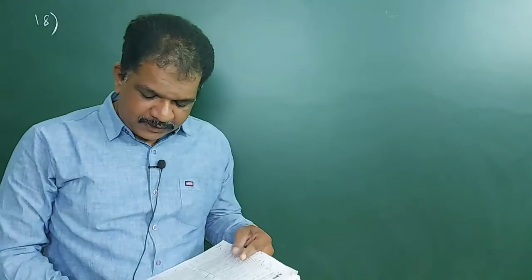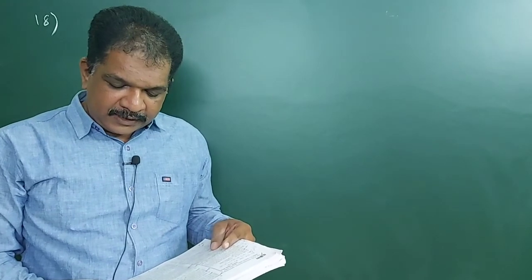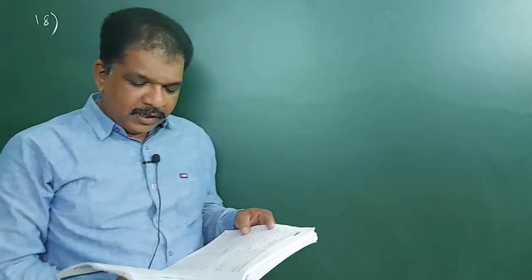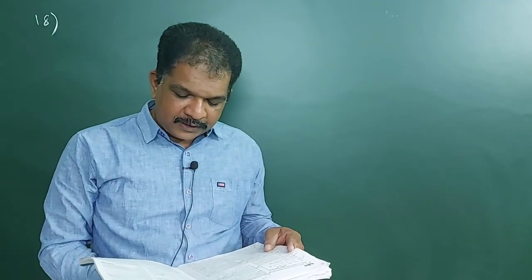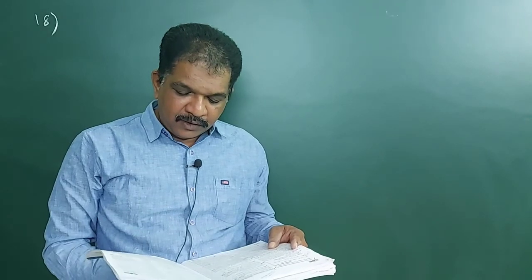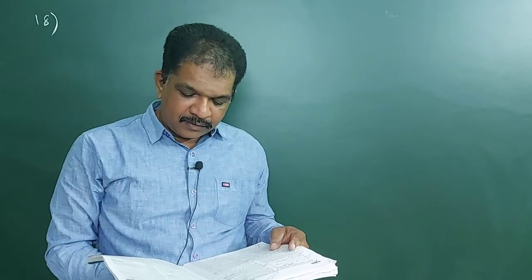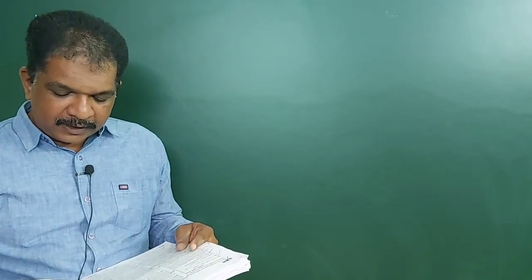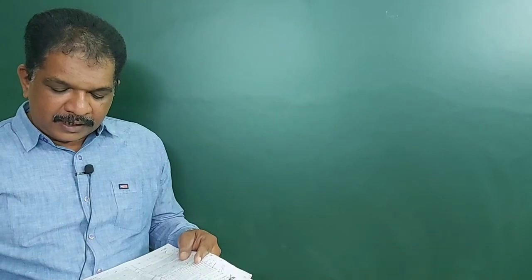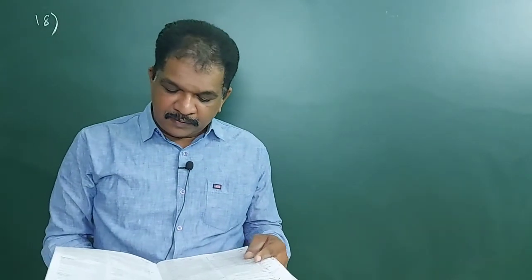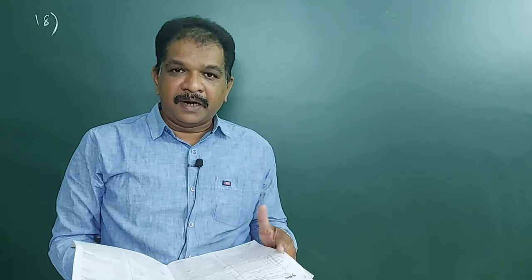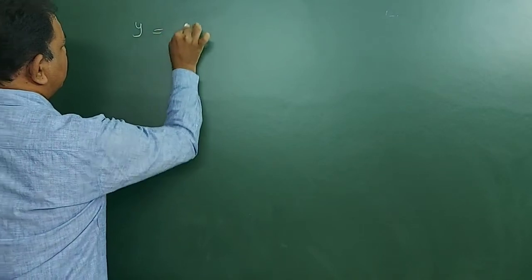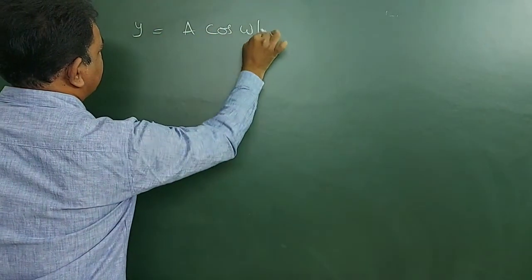Next, question number 18. What they are mentioning, see. The radius of a circle, period of revolution, initial position and sense of revolution is indicated in the figure. Y projection of the radius vector of the rotating particle will be. So time period 4 seconds, radius will be amplitude, because the particle is moving in the clockwise direction. Y is equal to a cos omega t.